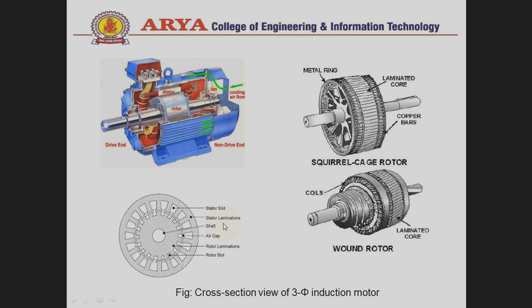The frame provides mechanical support to the stator and rotor, and it is made from casting material. The stator is the stationary part of the induction motor. It consists of stator windings housed on the motor frame, and the arrangement of the stator windings in a three-phase induction motor is given by delta connection or by star connection.